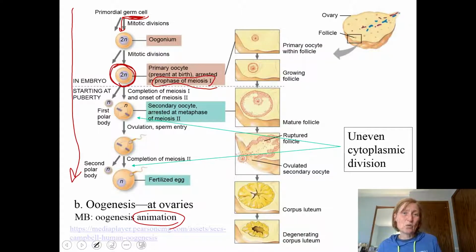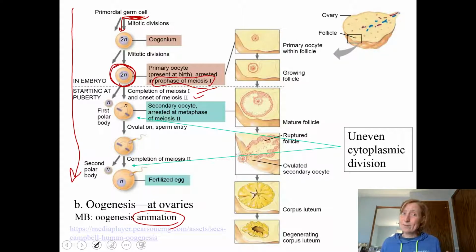When she hits puberty, one of these primary oocytes will start developing and complete meiosis 1 and even start meiosis 2. As this happens, there's kind of a little sneaky thing. Usually when we think about meiosis, we say, oh, you start with one cell, you end up with 4 daughter cells.